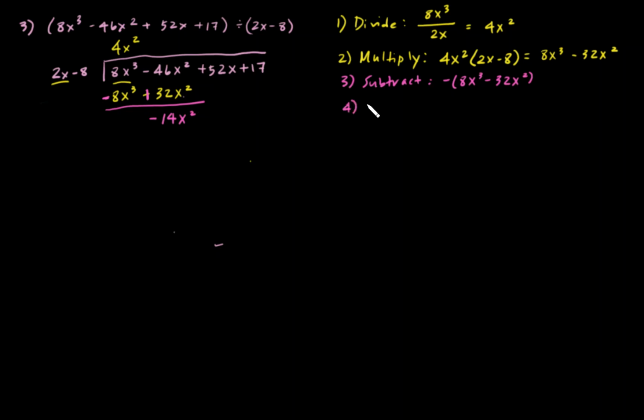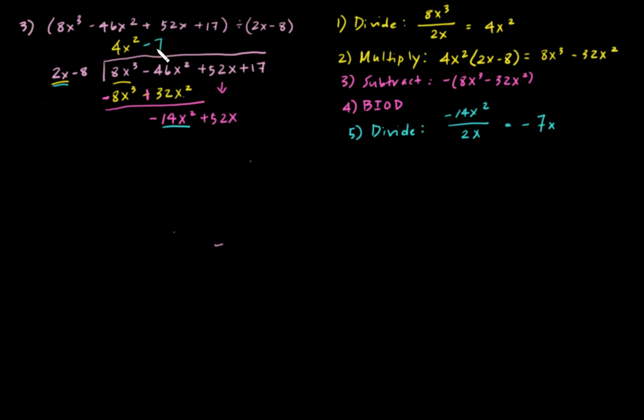The next thing we're going to do is bring it on down. Bring down the 52x. And then we're going to repeat. Number 5, we're going to divide. Divide the first terms. So we have negative 14x squared divided by 2x. So that's a negative 7x.